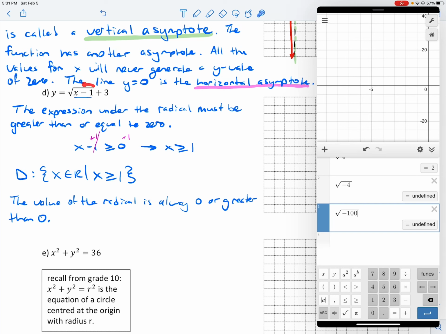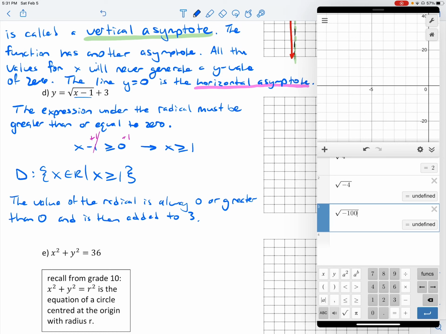Whenever I square root a number, I'm always going to get a positive, so I'm going to have a positive number plus 3. That gives me a little bit of insight to this. So I'm going to erase the period here, and I'll say the value of the radical is always 0 or greater than 0, and is then added to 3.